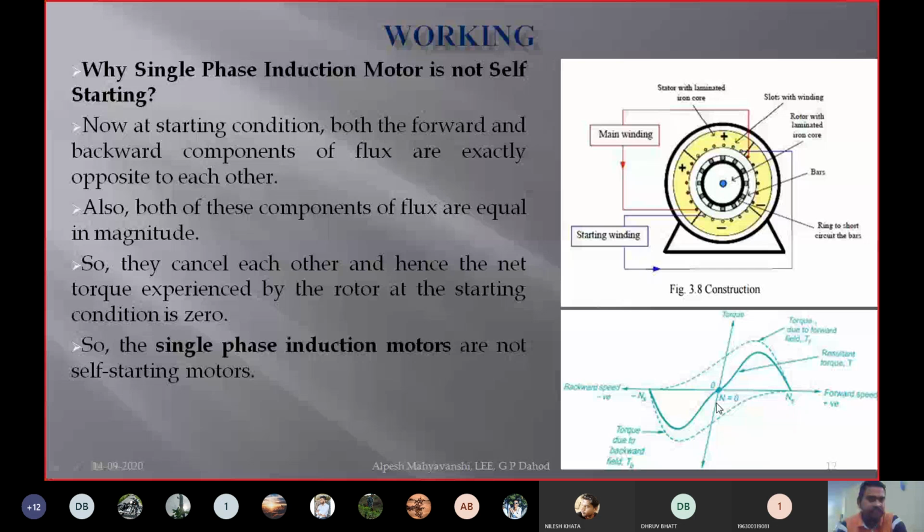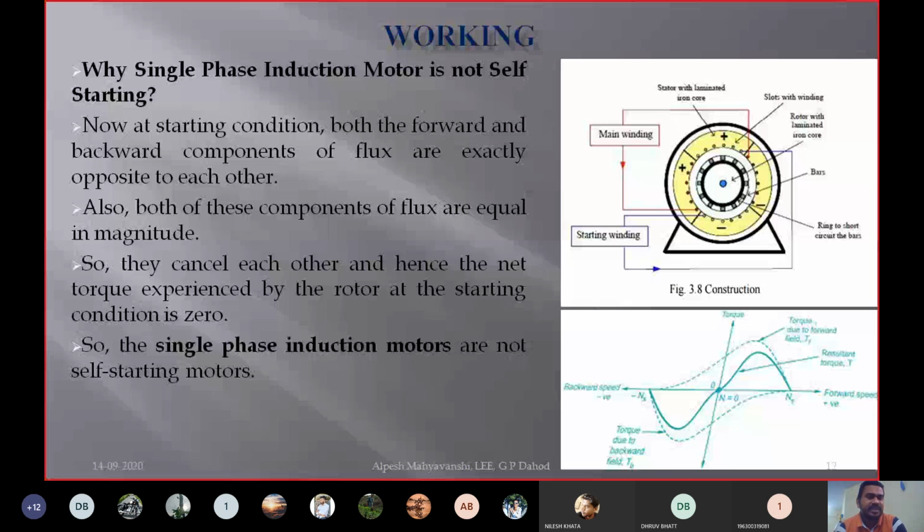Both the forward torque and reverse torque have the same magnitude and are opposite to each other. When two quantities are equal and opposite, they cancel the effect of each other.